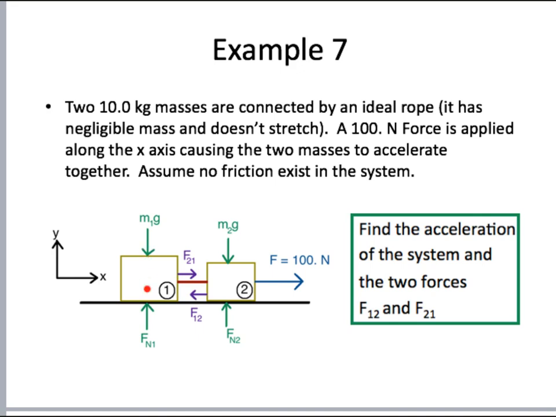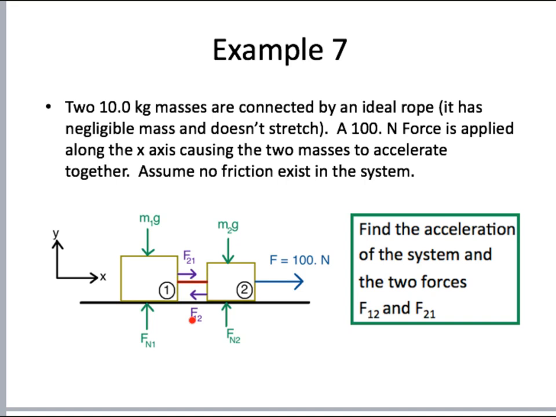Now, of course, the floor is going to be pushing back with the normal force, and block 1 is going to have its normal force, block 2 is going to have its normal force. And then there's the tension in the rope, and that's indicated by these two purple forces, F of 2 on 1 and F of 1 on 2. And so this is the force on block 1 from block 2.